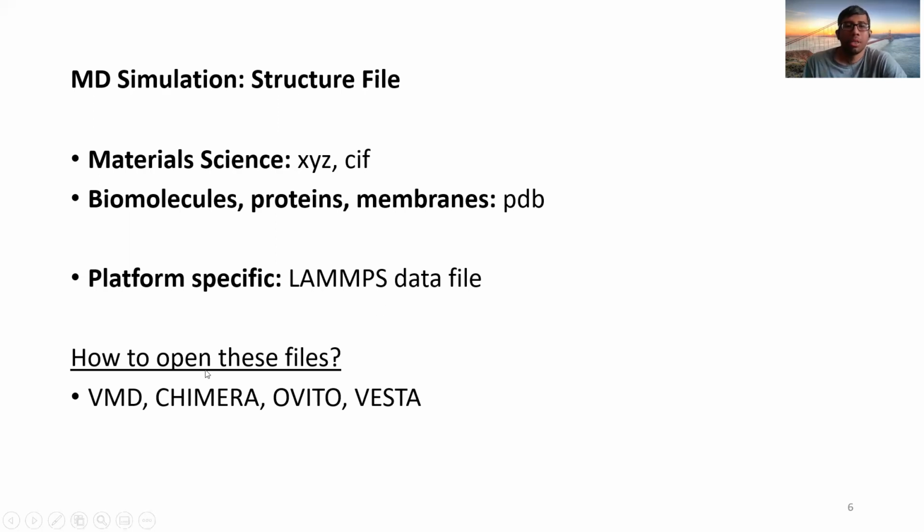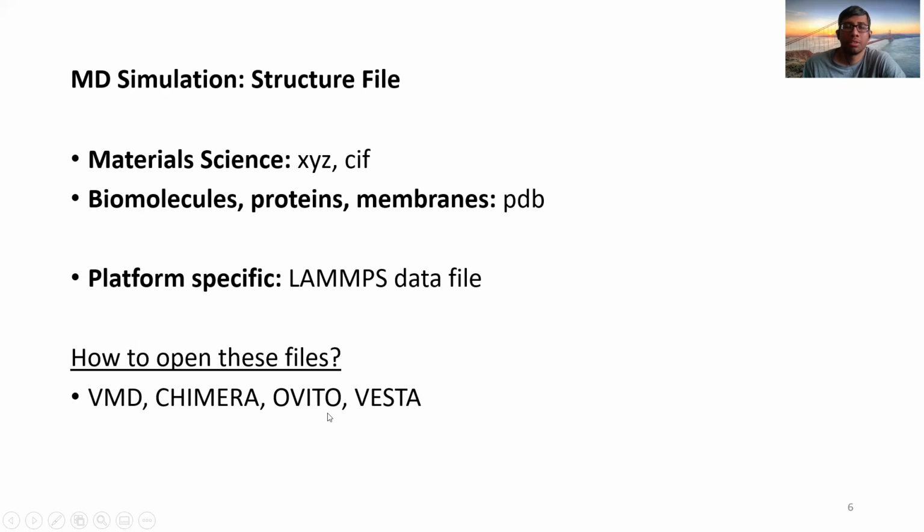Now, how do I open or read or visualize these files? There are several options for that. Those are also particular to your system or your approach to solve the problems according to your field. Several popular options are VMD, Chimera, OVITO, Vista. For example, for a biomolecular system, generally you use VMD or Chimera.